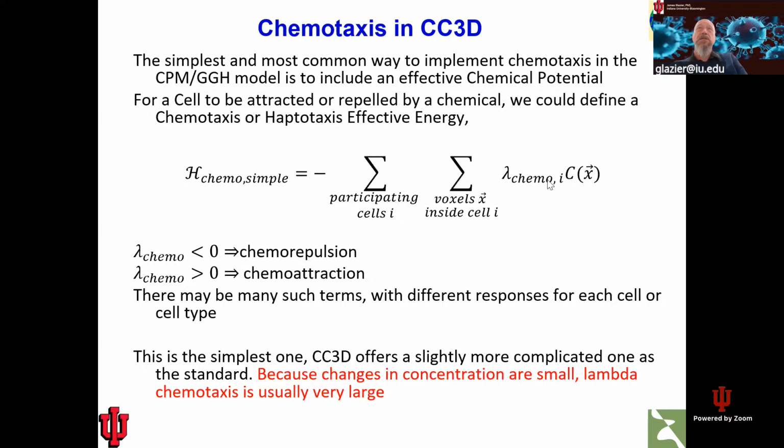Okay, how does this work in CompuCell? Well, the simplest thing to do is you say that there's an energy associated with a chemical field that is lambda chemo times the concentration at the boundary of the cell.